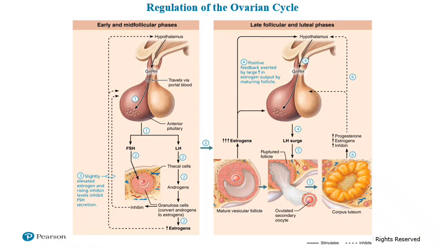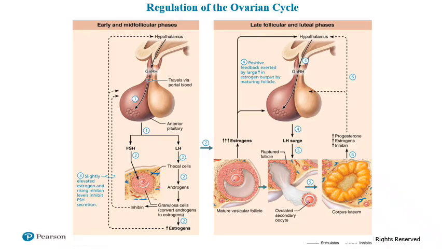Both FSH and LH would stimulate the maturation and growth of the follicles that carry the egg inside, and they will secrete the sex hormones. So the androgens as well as the estrogen are going to be stimulated in their secretion.